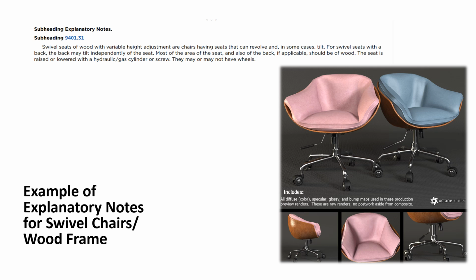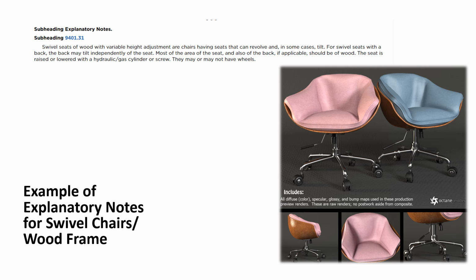It tells me that they are adjustable chairs, having chairs that can revolve, in some cases tilt. It also says that they have a back, and the back may tilt to the seat. Most of the area of the seat, and also of the back, if applicable, should be of wood.